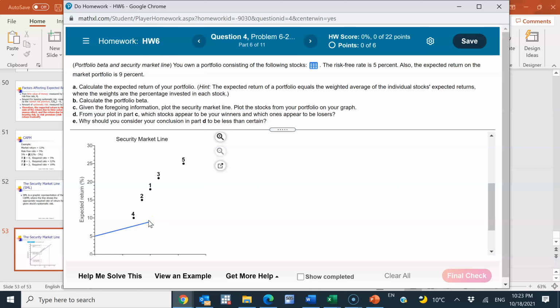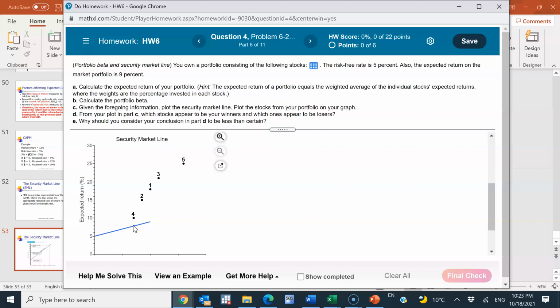So any investor would prefer a higher return but lower risk. So given the risk, if this point is above the security market line, that means this stock is a winner. Why? Because given that risk, the corresponding point on this security market line is fairly priced, right?